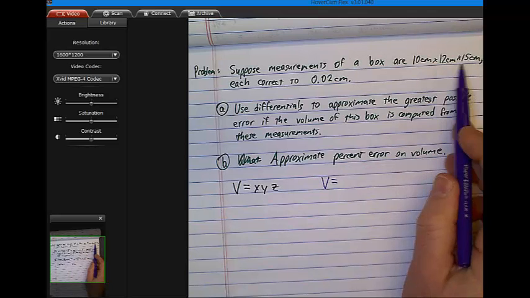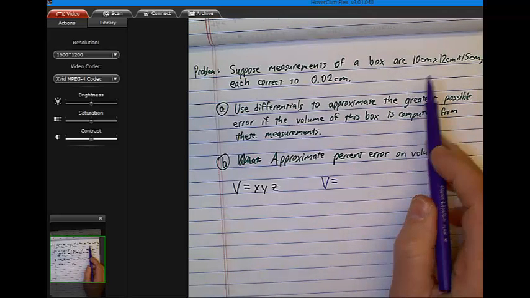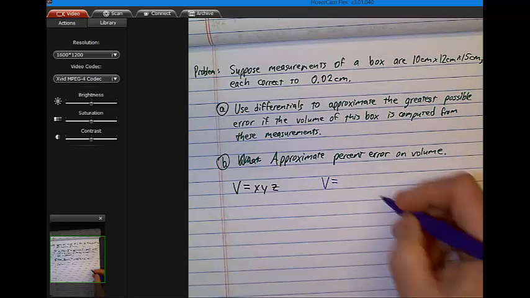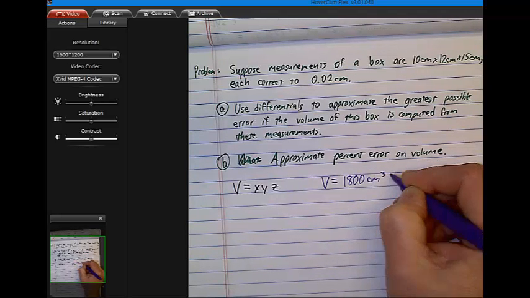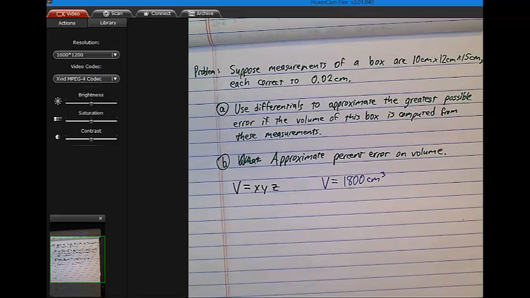Because 10 times 15 is 150 times 12. What do we have, 1,800 centimeters cubed? Check me on that, guys. I don't do so well with third grade math. All right, I think that's where we're at.